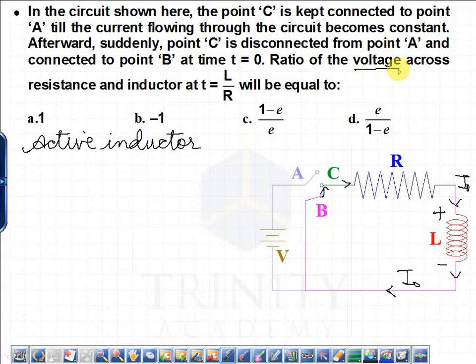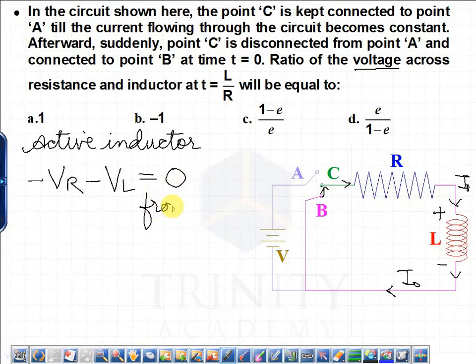So if we apply Kirchhoff's rule to the circuit, let us start from point C. We can write minus VR minus VL is equal to 0. This is from Kirchhoff's voltage law. So that gives VR is equal to minus VL.